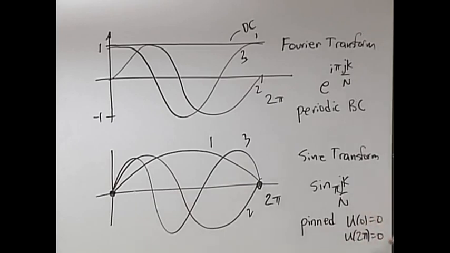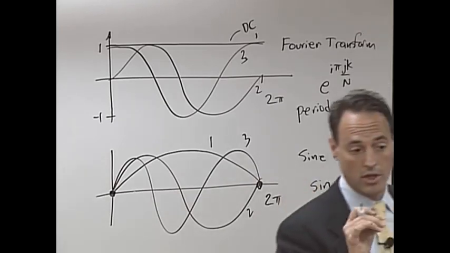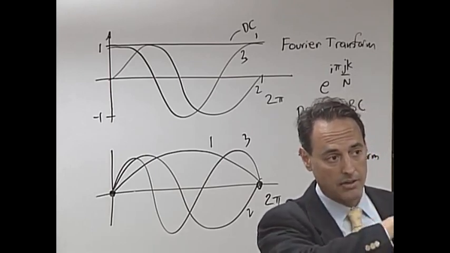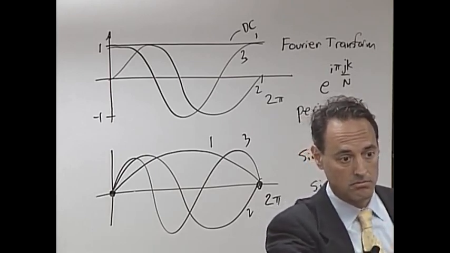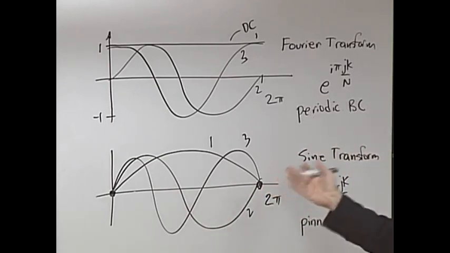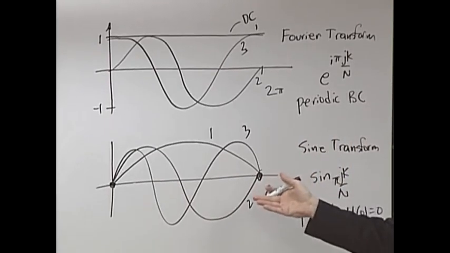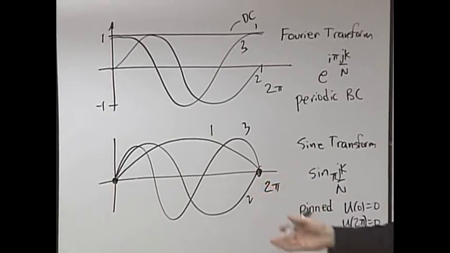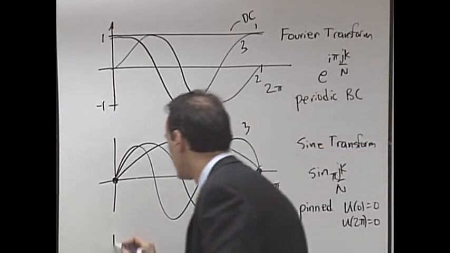So if I have a boundary value problem, or a computation which requires that at the boundaries the solution is 0, doing a sine transform is a pretty smart idea, because the sine itself preserves that boundary condition.